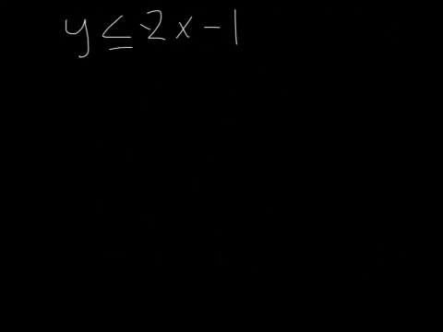Okay, let's do one more. Let's say we had y is less than or equal to negative 2x minus 1. Well, I'm just going to start by graphing my line like normal. So I've got a negative 1 for my b, my y-intercept. So we'll go down here to negative 1. And then I have a slope of negative 2 over 1.